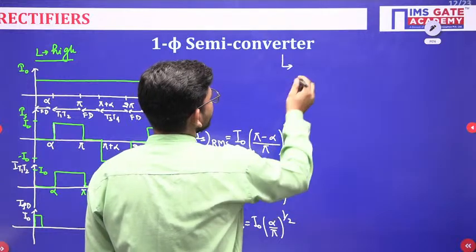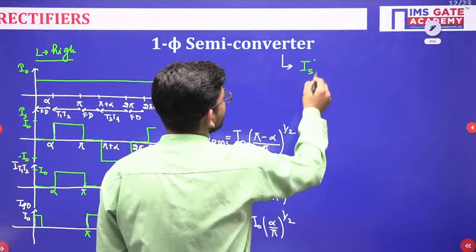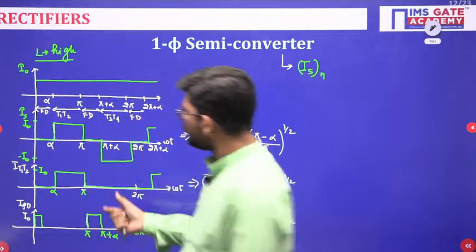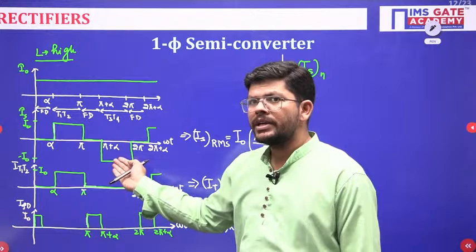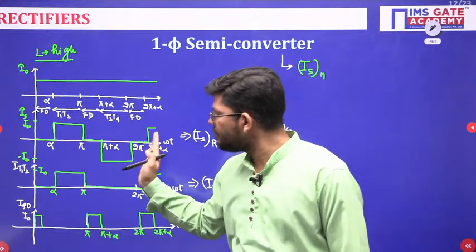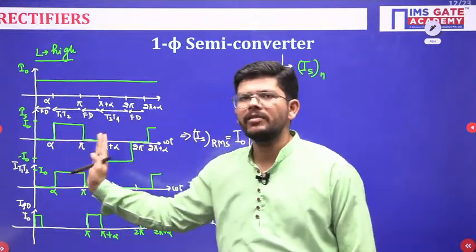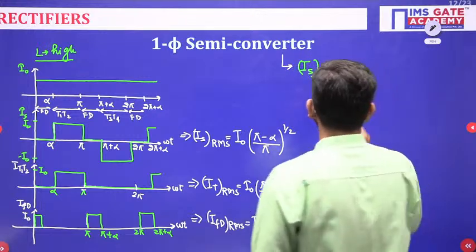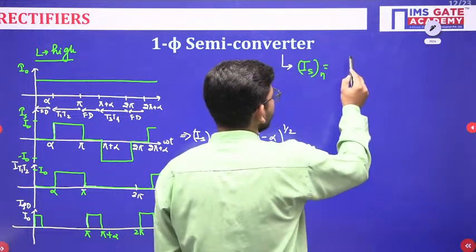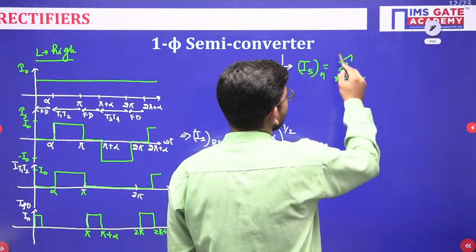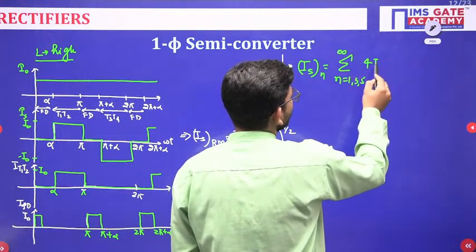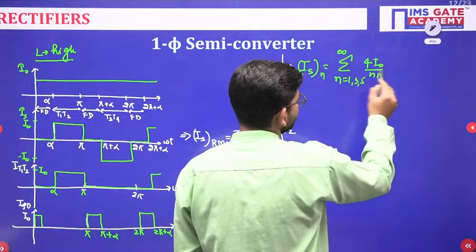Okay, now after that, if suppose I have to write the Fourier series expression, what will be the Fourier series expression for the source current? Just see, the source current is having a quasi square wave kind of waveform, but not a perfect quasi square wave. We have to shift it by alpha by 2, and then it will become a perfect quasi square wave. So n value will be 1, 3, 5 to infinity, magnitude is 4 I naught upon n pi.